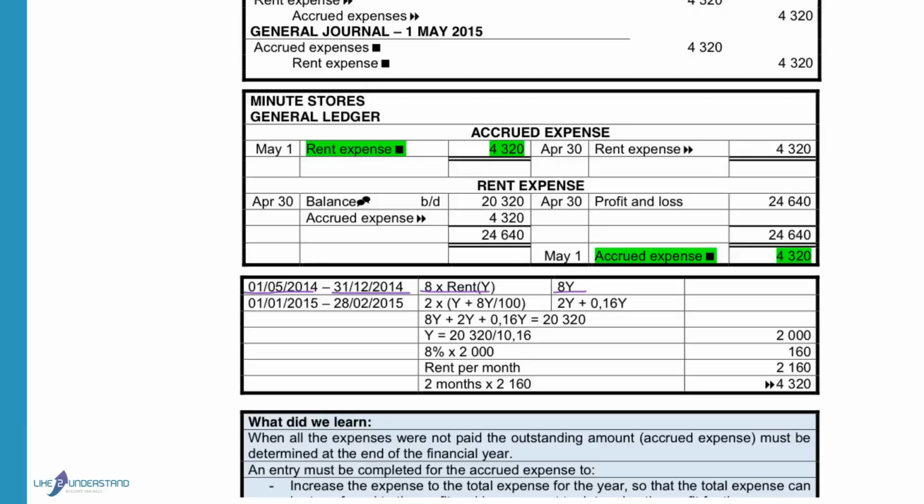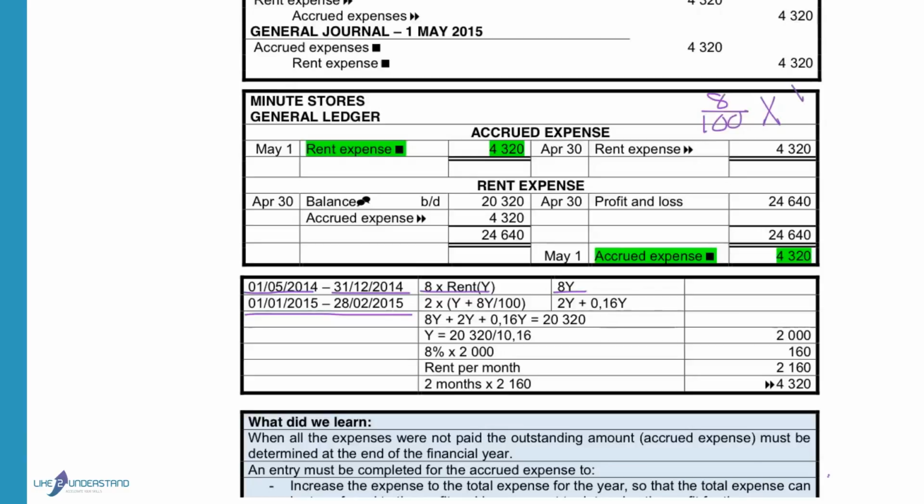We are still overdue with 2 months, so we've only paid the rent up to the 28th of February. So for 2 months, we paid the Y amount, and we also paid for the 2 months the increase of 8%. Now, normally when we do an increase, we will show 8 over 100 times the amount.